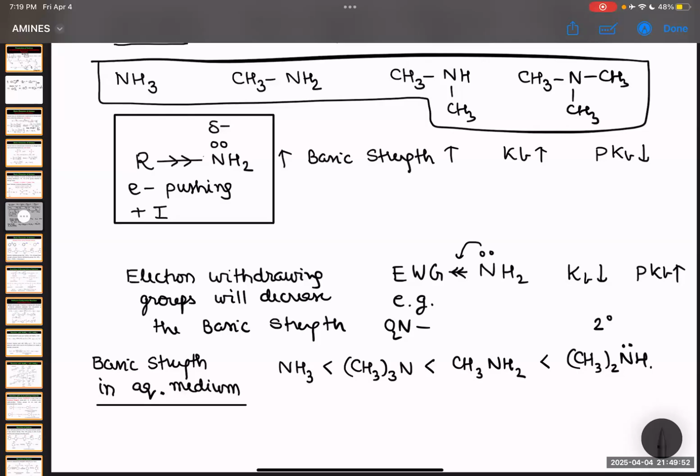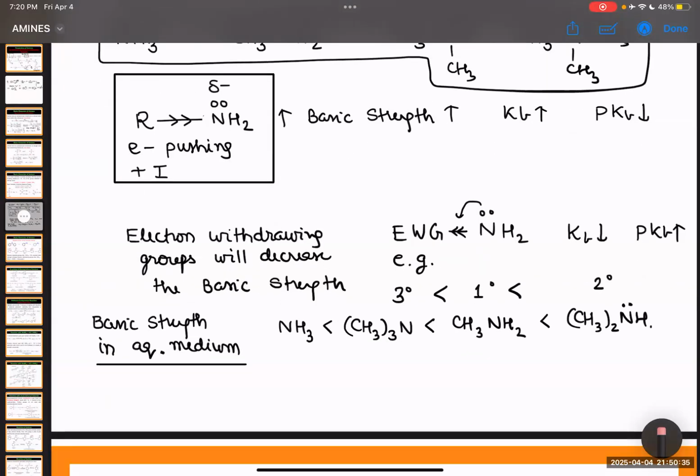So secondary amines are most basic in water. So what's the reason? Can you tell me? Normally the tertiary amines should come first because you have more alkyl groups. Got it? So that should come first. But something else is happening which is causing the secondary amine to be most basic and the tertiary amines to be not as basic as you expected from their trend.